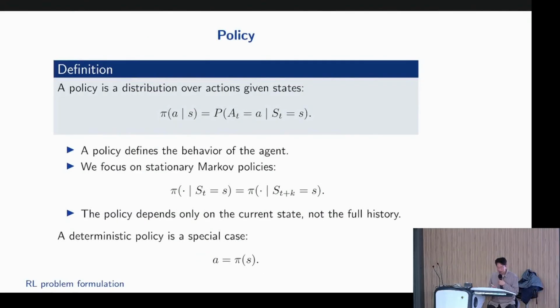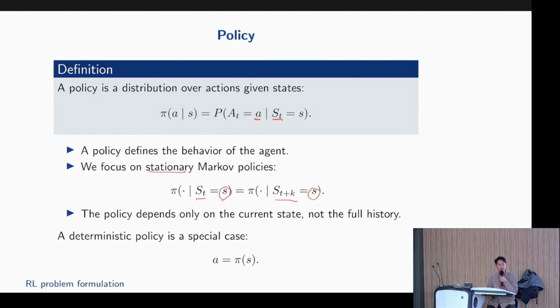Okay, so a policy is a distribution over actions given states. Given the current state s_t, the distribution on which action to take is defined as the policy, and this is what we want to optimize for. So the policy defines the behavior of the agent, and we're going to assume a stationary policy, meaning we only look at what the state is, and we don't care whether it came from s_t or s_{t+k}.